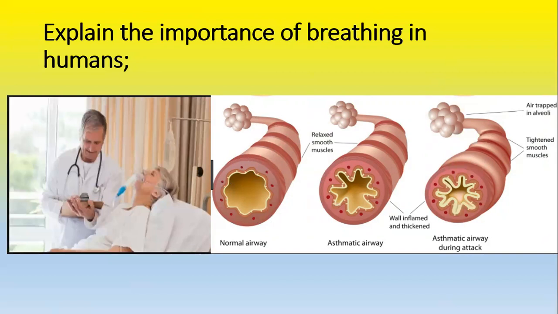You have some muscles surrounding this particular airway. What part of the airway is this? Can somebody possibly identify it? The trachea. You sure about the trachea? You sure? You sure the trachea?